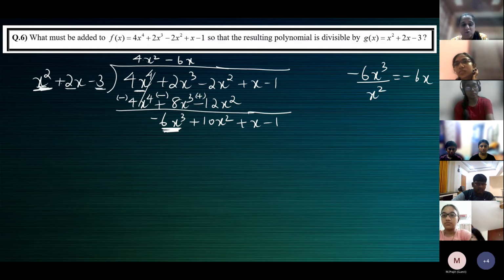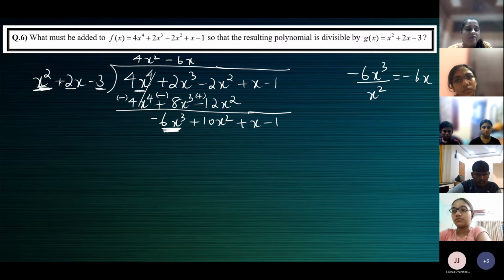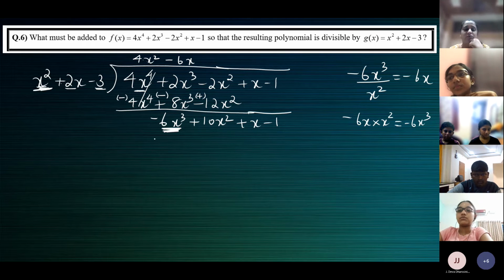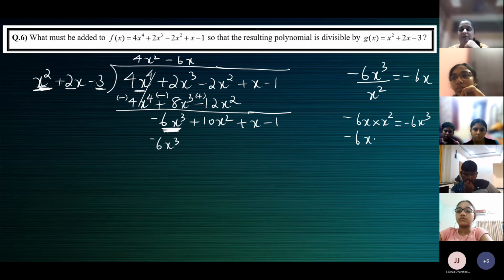After getting the second term of the quotient, you need to multiply that, minus 6x, with every term of the divisor. So minus 6x into x squared. What is it? Minus 6x cubed. What is minus 6x into 2x?